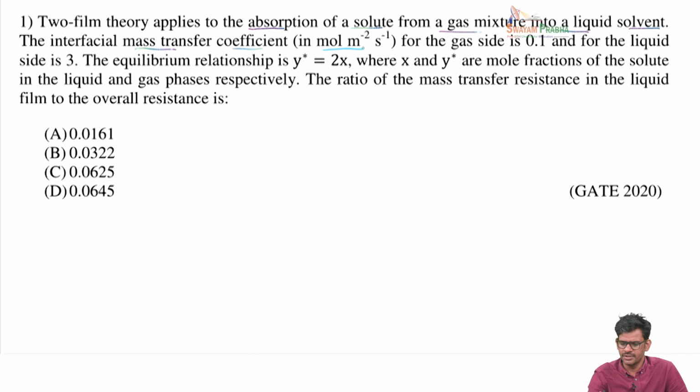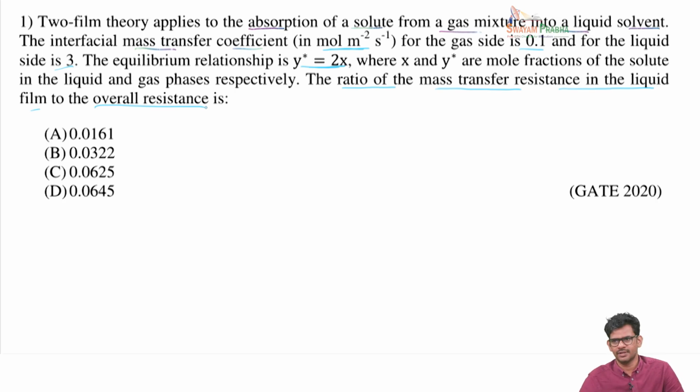You can note the units for the gas side as well as for the liquid side. And then the equilibrium relationship is also given in terms of mole fractions. And the question is, what is the ratio of the mass transfer resistance in the liquid film or liquid phase over the total resistance?